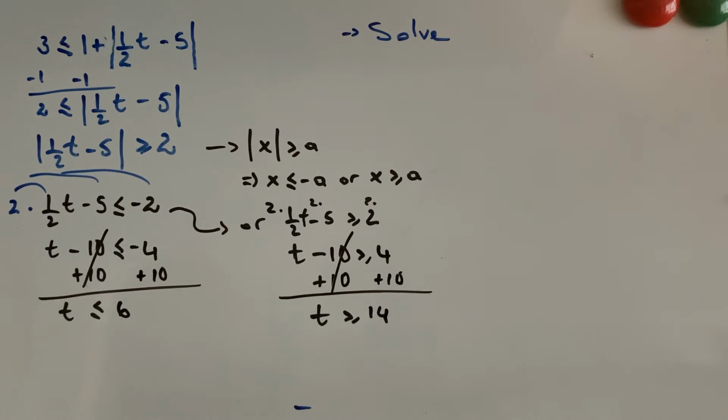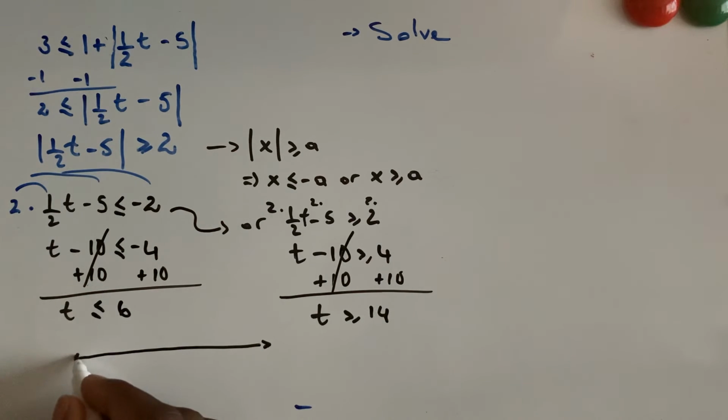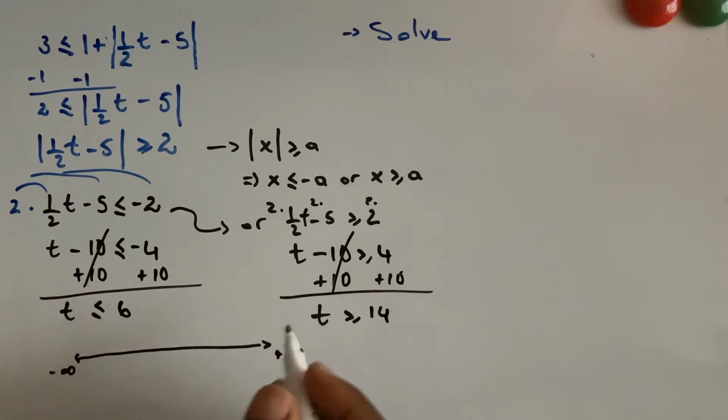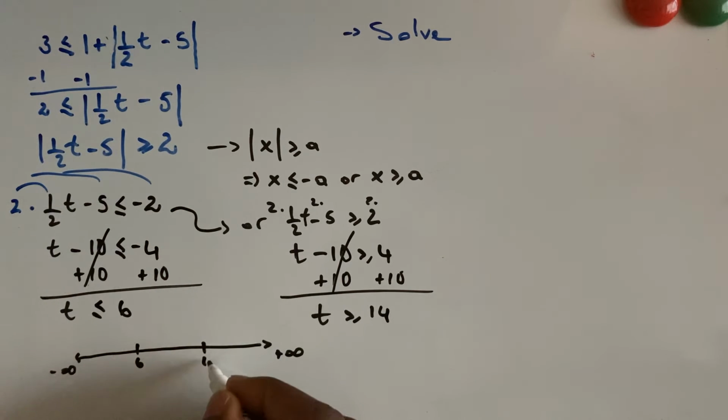Okay, so you have two values here. Then to have the solution in interval notation, in this case, you can draw a number line, negative infinity to positive infinity, and you can put the two numbers you have, 6 and 14.